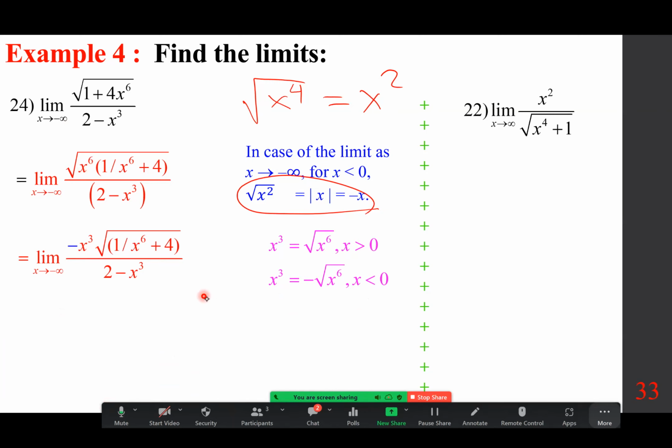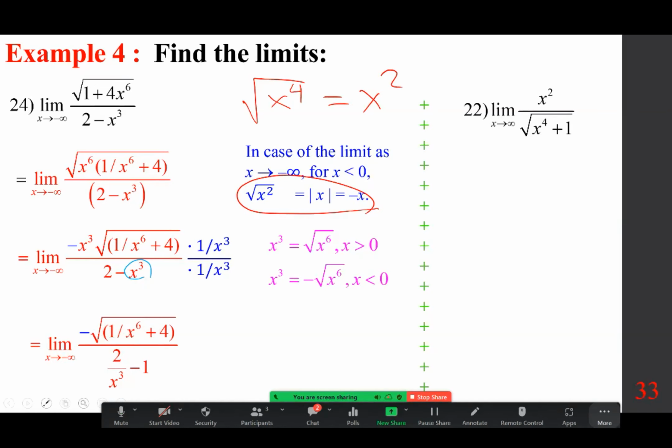Now we are going to divide by the highest degree term in the denominator, namely by x cubed. So if I divide everything by x cubed, what happens? This goes away. This becomes 2 over x cubed. This becomes -1. Divide everything by x cubed. So now x is approaching -infinity. Under the radical, this goes to 0.